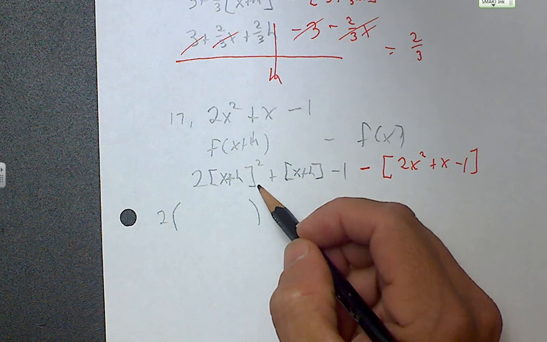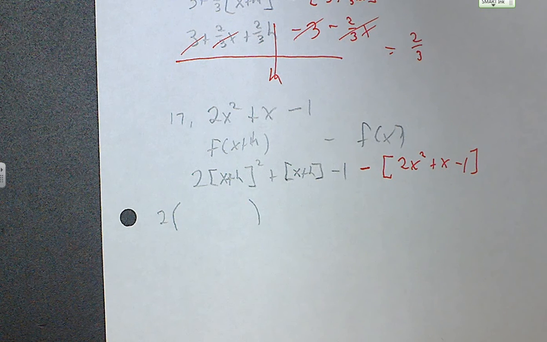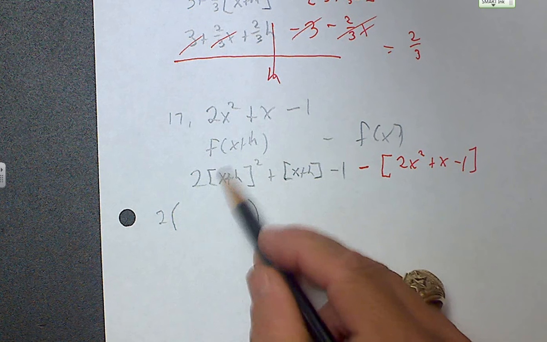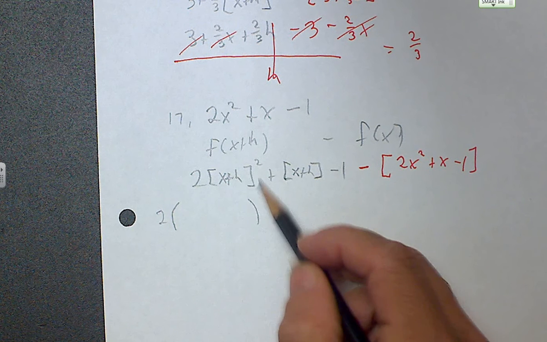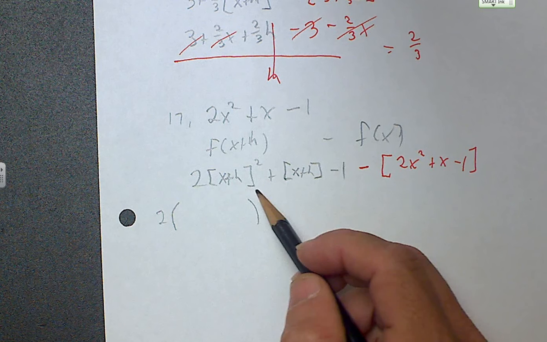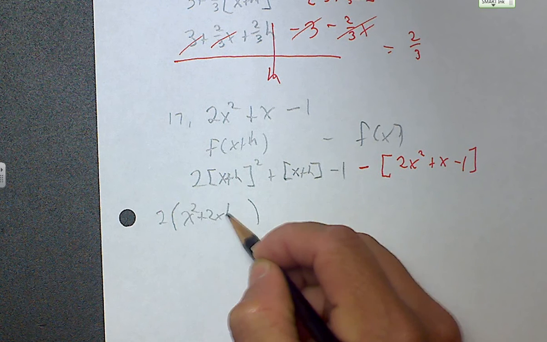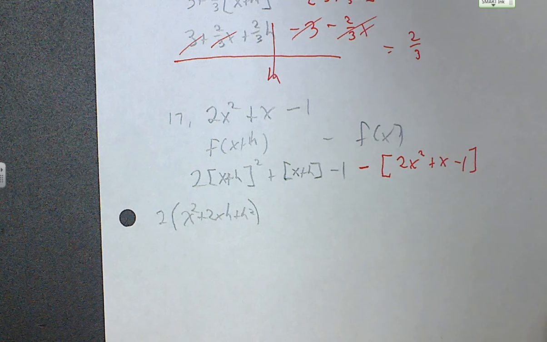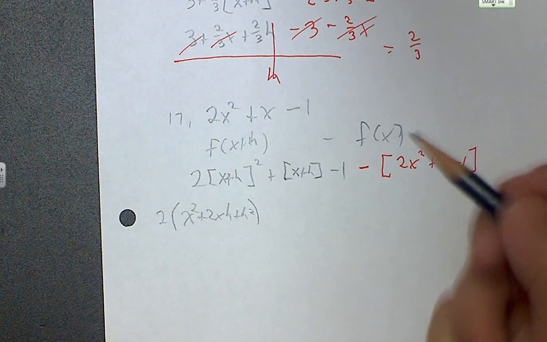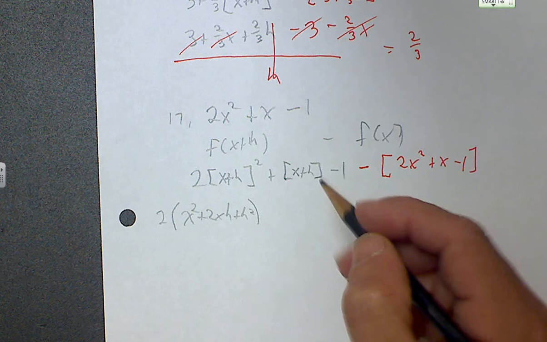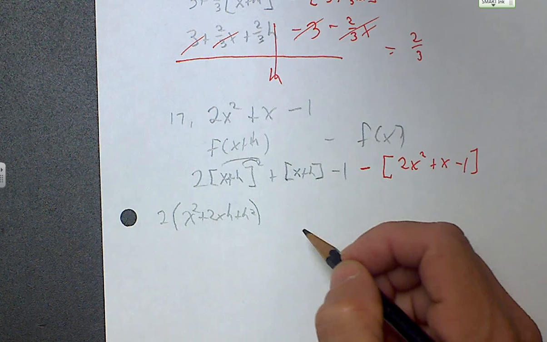First off, what is x plus h squared? X squared plus 2xh plus h squared. Awesome. It's not x squared plus h squared. Don't forget that middle term, okay? It is not that. Don't ever do that. That's bad.